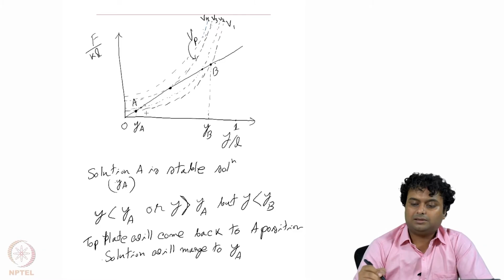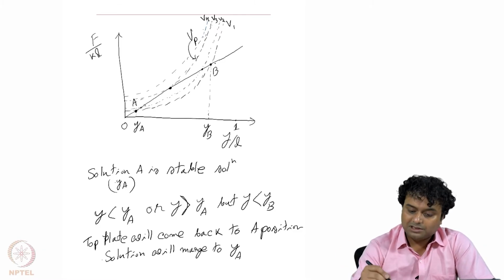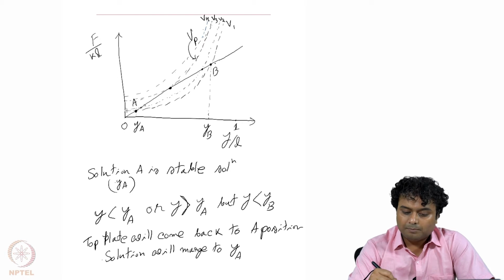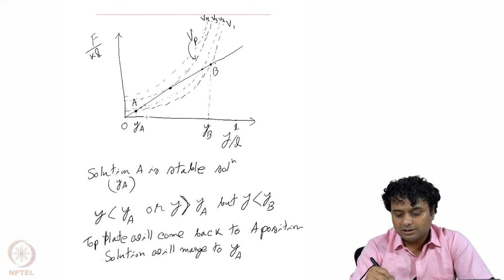For the V1 case, what we see is that initially the electrostatic force is higher than the mechanical force, right, and as the electrostatic force starts pulling the plate A, it starts to move towards the plate B. So y starts to increase, and as it moves, the mechanical force starts increasing, and at this point A, the electrostatic force and the mechanical force are the same.